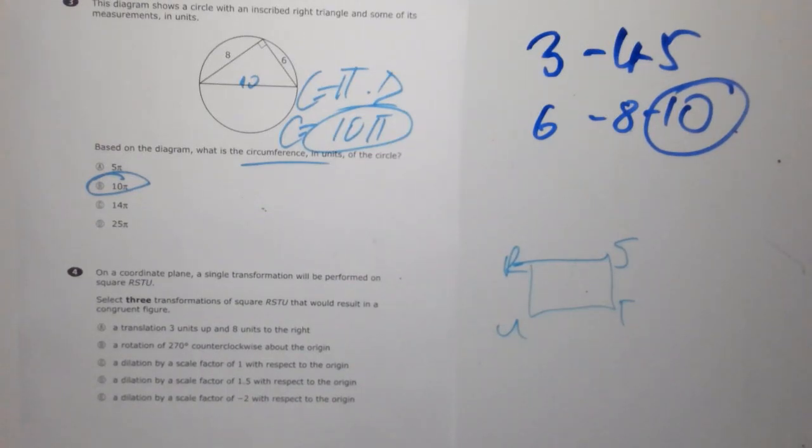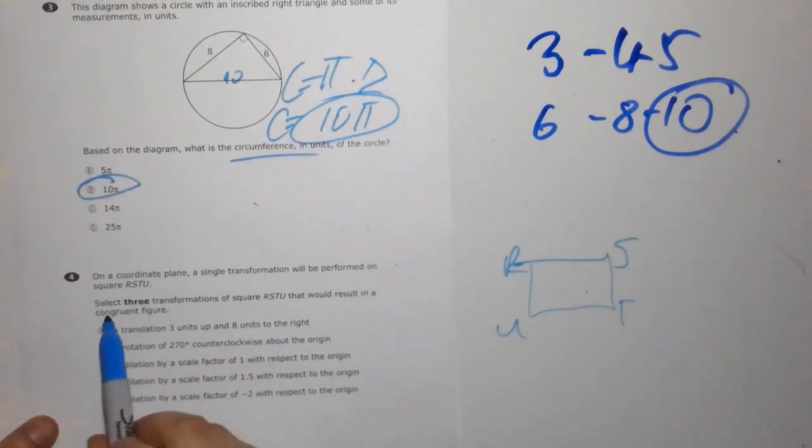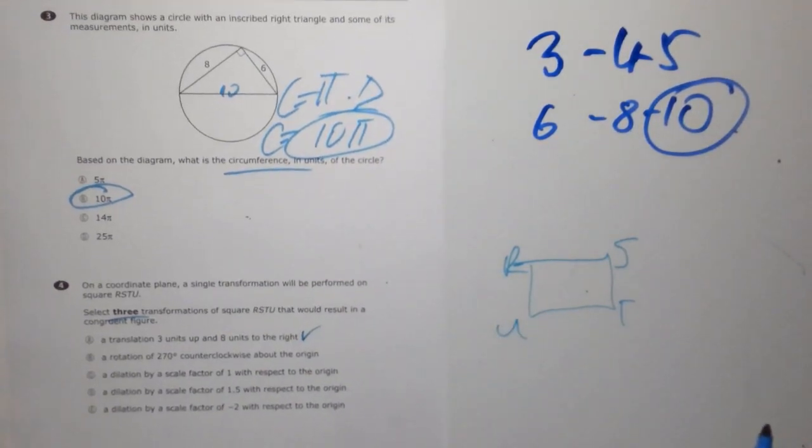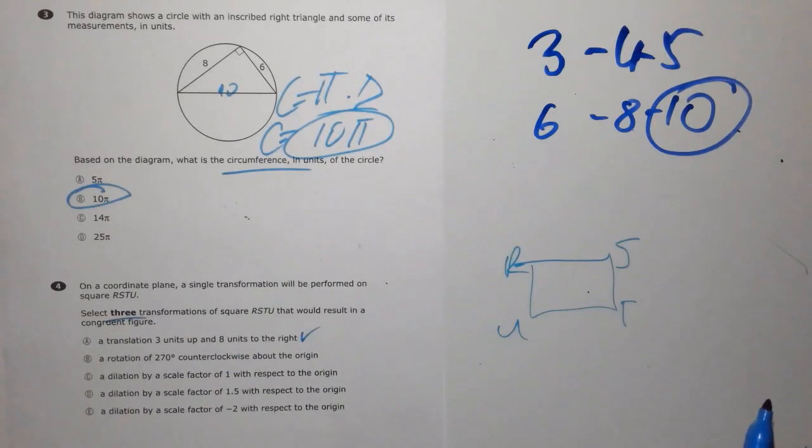So I'm going to look at these options and see what makes them congruent. It says select 3 transformations that would result in a congruent figure. A translation 3 units up and 8 units to the right: definitely, because there is no dilation. The only transformation that's going to change the size is dilation, so I'm checking whether any dilation is happening.